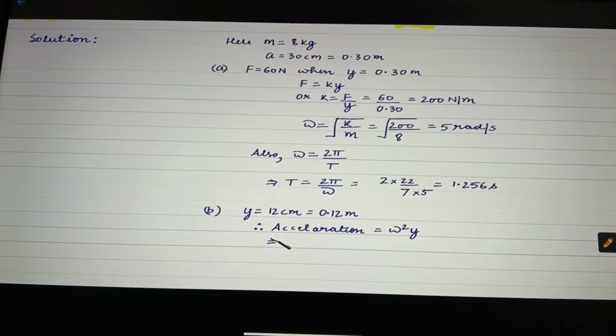So this implies capital A is equal to omega square, that means 5 square multiplied with 0.12 meter per second square. This implies A is equal to 3.0 meter per second square.